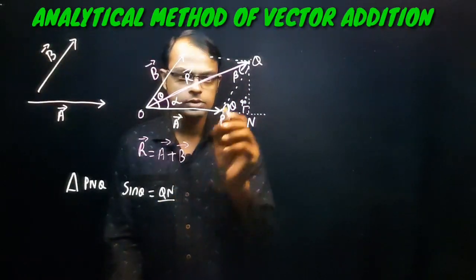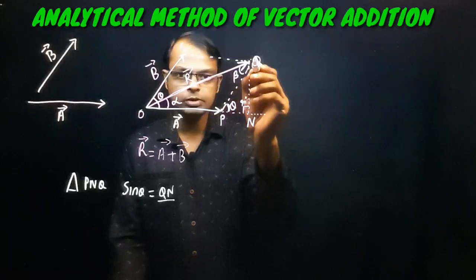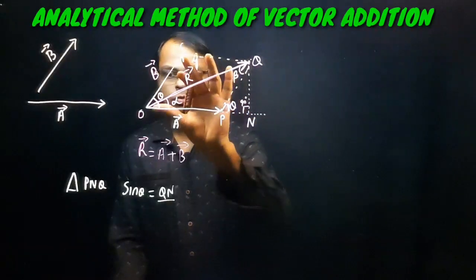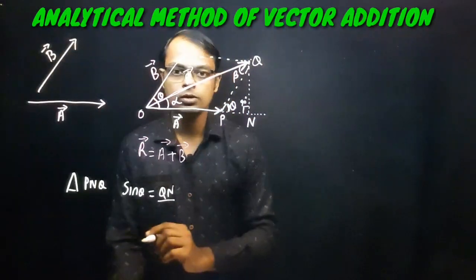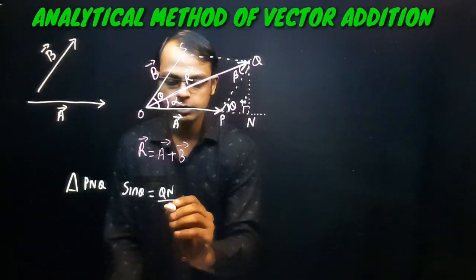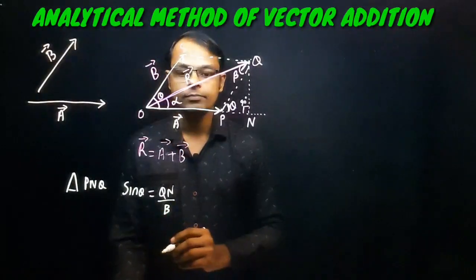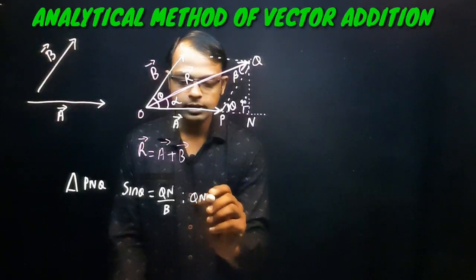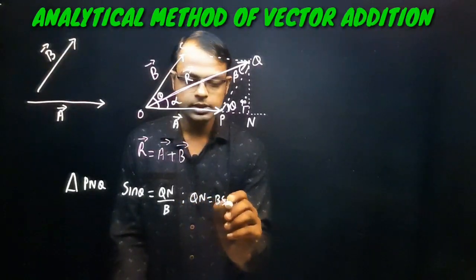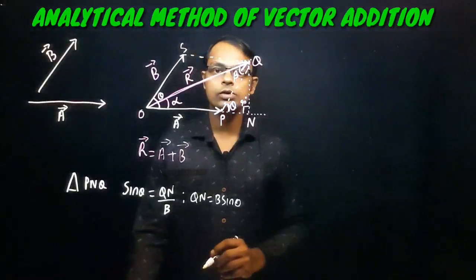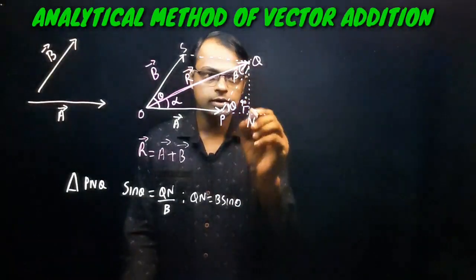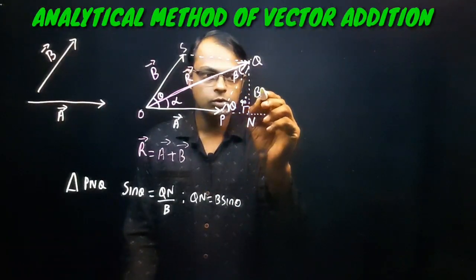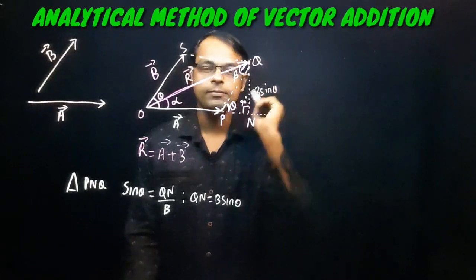What is the hypotenuse here? The hypotenuse is PQ, which is the same as OS. OS is equal to B, since we are writing the magnitude. So from this equation, QN is equal to B sine theta.